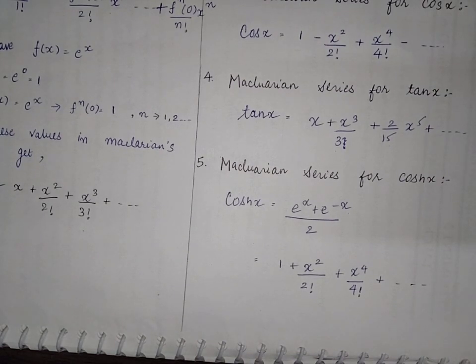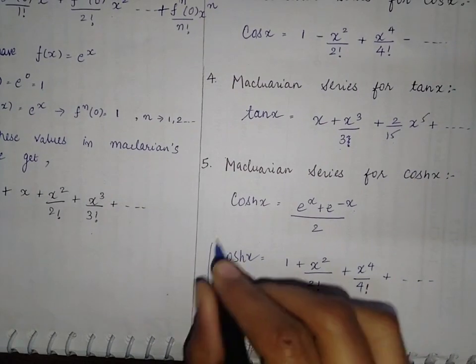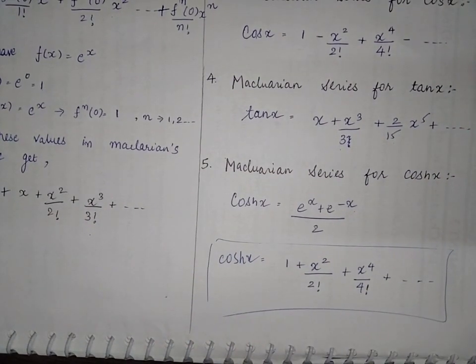But it will be a very lengthy process, so you have to remember these standard expansions. You can directly write them in an MCQ or whenever they are used in an example. So this is the standard Maclaurin series for cos hx.